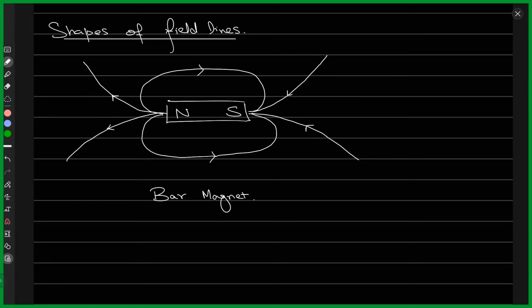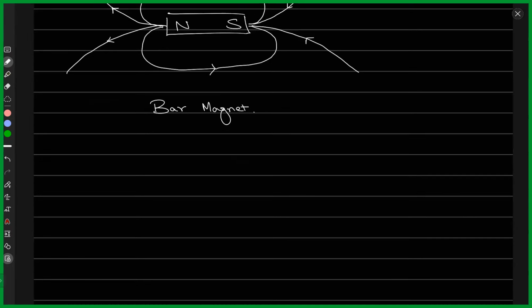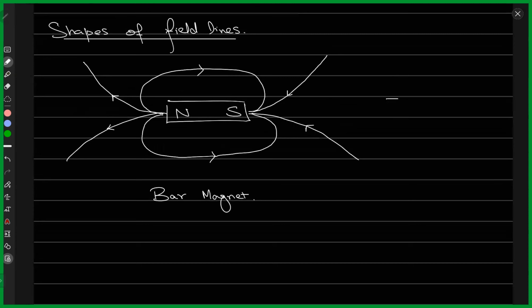Now, when we're drawing these magnetic field lines, there are two things to keep in mind. The closer the lines that are drawn, the stronger the magnetic field experienced there. So if I draw this once again, this is north, this is south.